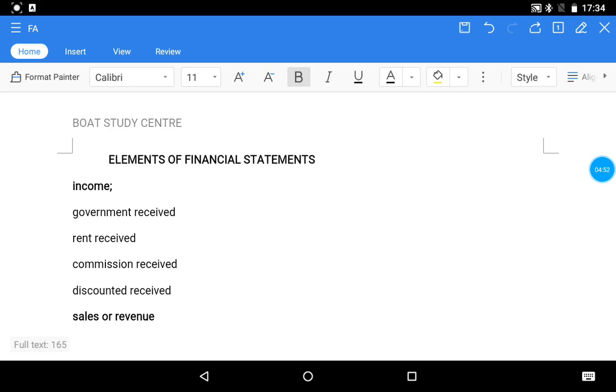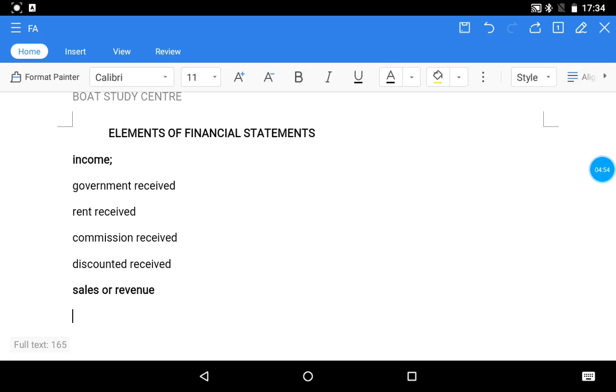Ladies and gentlemen, when you talk about sales or revenue, what comes into your mind? Sales is the amount of money received from sales of goods or services.